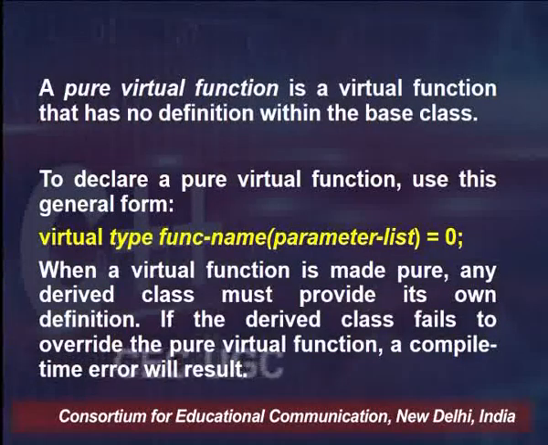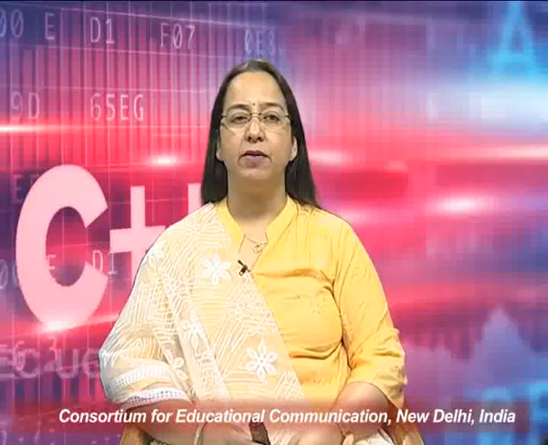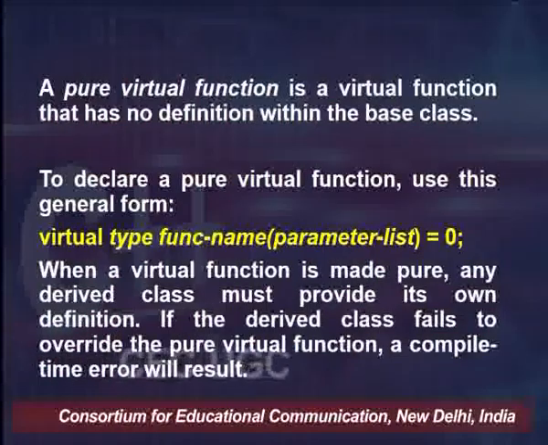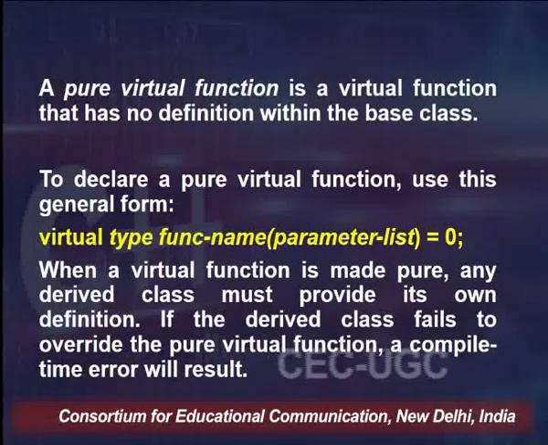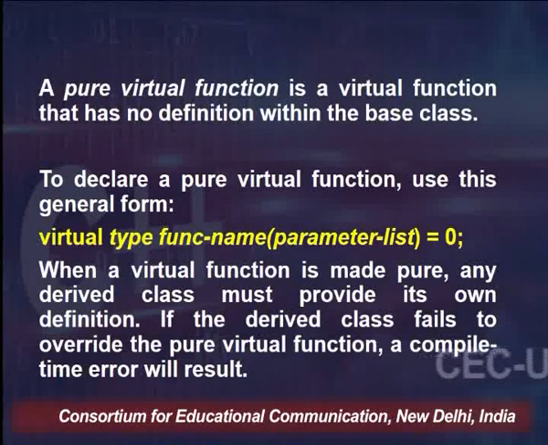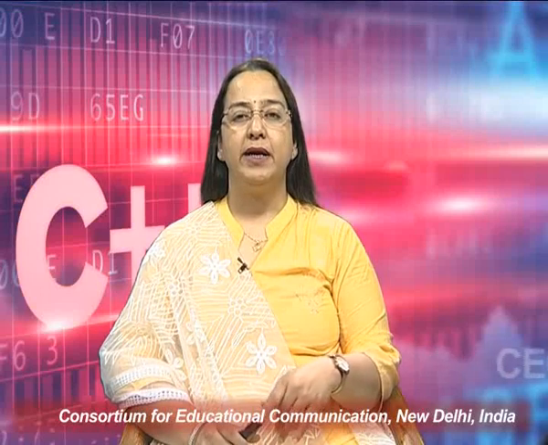Now what happens with this virtual function which is made pure? That means we are not going to provide any definition within the base class at least. So when a virtual function is made pure, any derived class must provide its own definition. I am repeating it: when a virtual function is made pure, any derived class must provide its own definition.